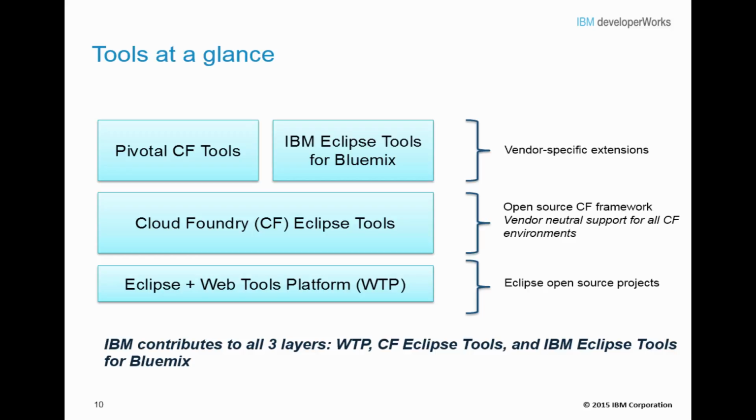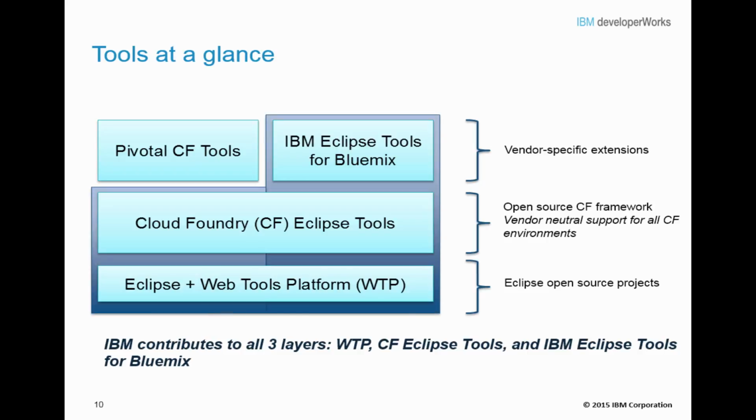On top of this layer, Cloud Foundry has developed an open source CF framework, using which IBM has built an Eclipse plugin that allows you many features for your app development and deployment. You can download this plugin from the Eclipse marketplace.